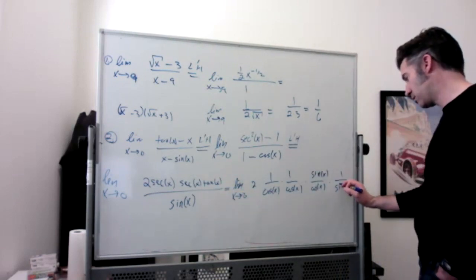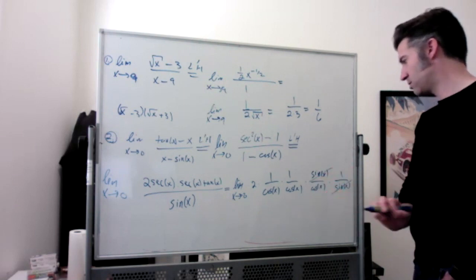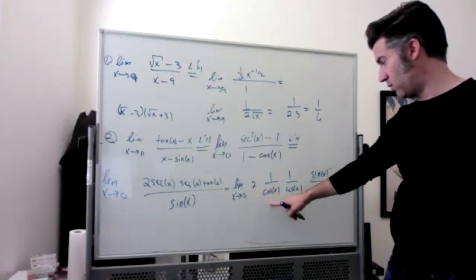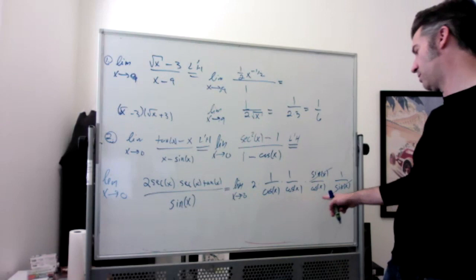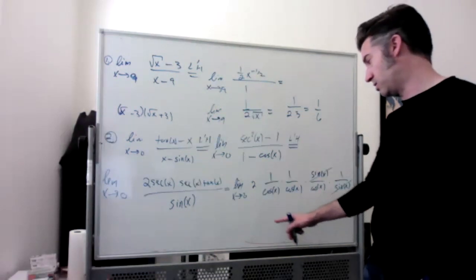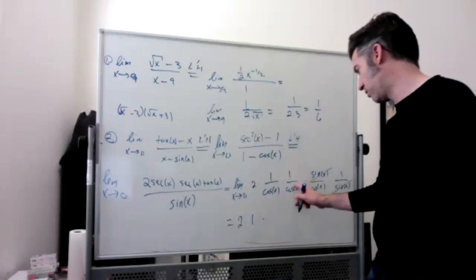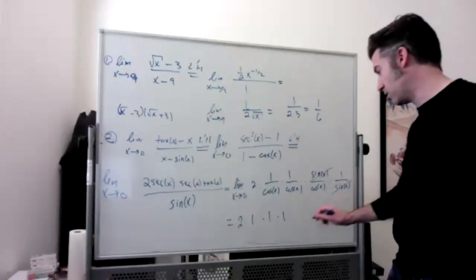And look, the sines cancel out. And then if I take the limit as x goes to 0, I get 2 times 1 over 1 times 1 over 1 times 1 over 1 times 1 over 1.